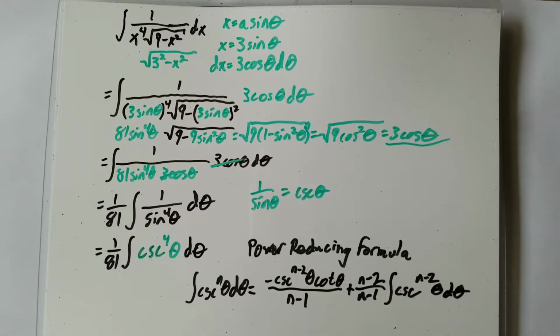Okay, we're going to use that now to replace cosecant to the 4th theta. So instead of clogging this part of the whiteboard, I'm just going to move to the next section of my whiteboard.